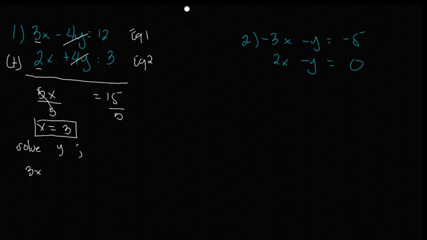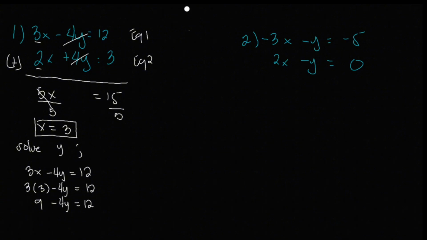You have 3x minus 4y is equal to 12. Then substitute the value of x, which is 3. So you have 3 times 3 minus 4y is equal to 12. Simplify 3 times 3, that will become 9 minus 4y is equal to 12.